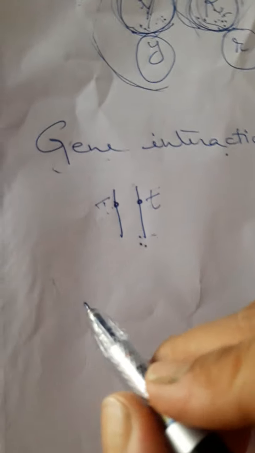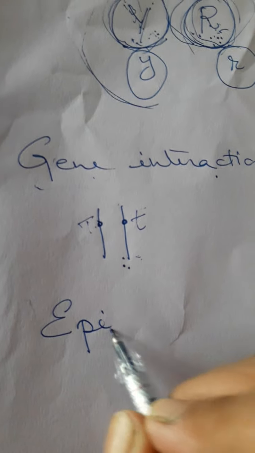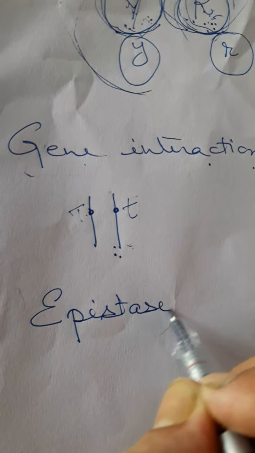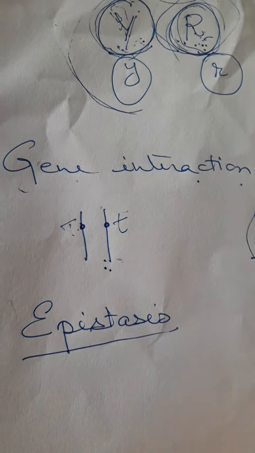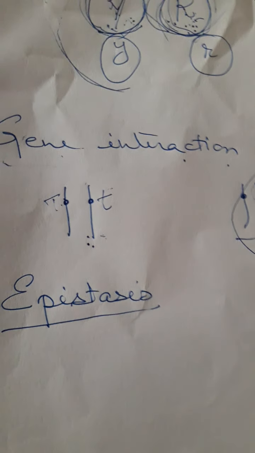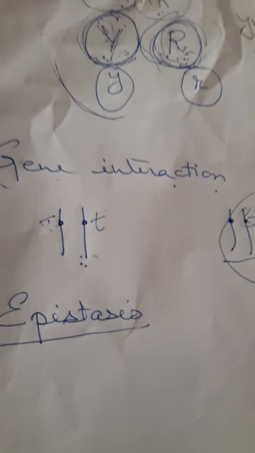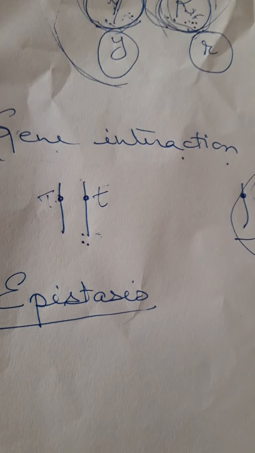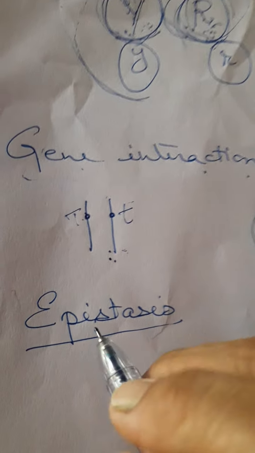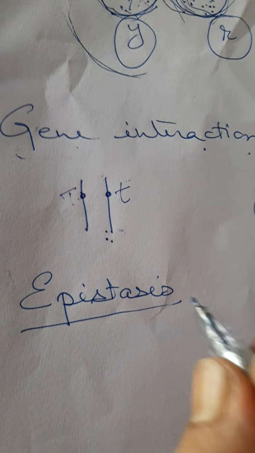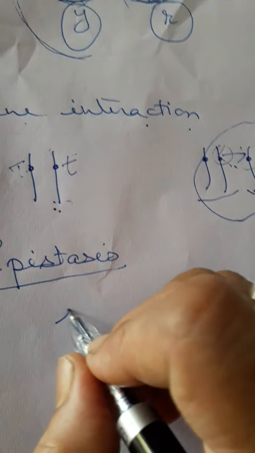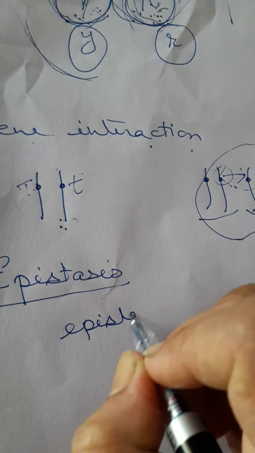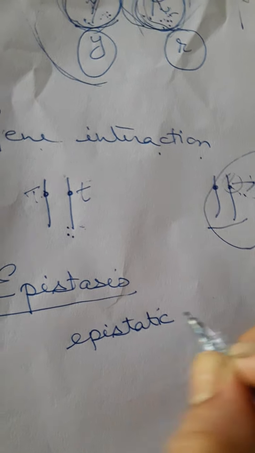First of all, we will study epistasis. Epistasis is a phenomenon in which one gene masks the effect of another gene. The particular gene which has its influence, or in simple words the dominant gene, we call the epistatic gene.